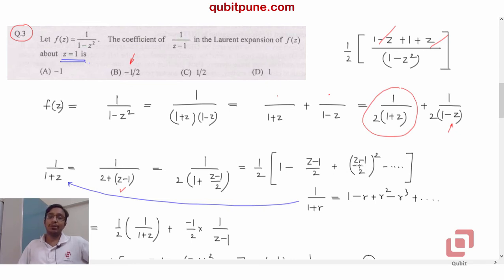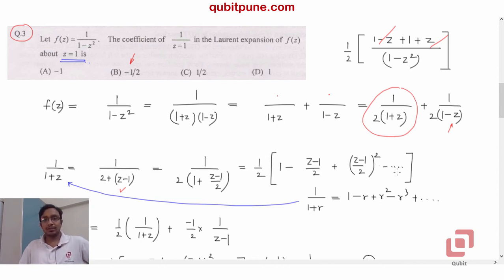And by doing this, what we have ensured is that the Laurent expansion of 1 upon 1 plus z doesn't have 1 upon z minus 1 in it, or it doesn't have any negative power of z minus 1.